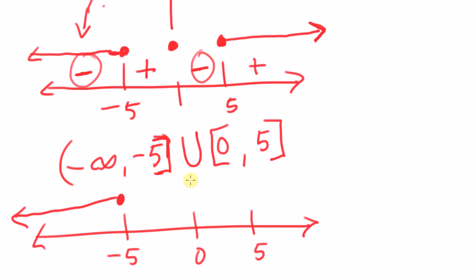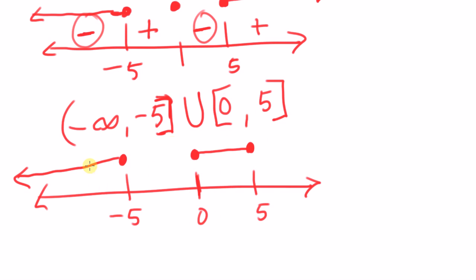I'm so used to writing it in this format, and I don't ever really mess with this line graph. Okay, so from 0 including to 5. There we go. That would be the line solution to this function.